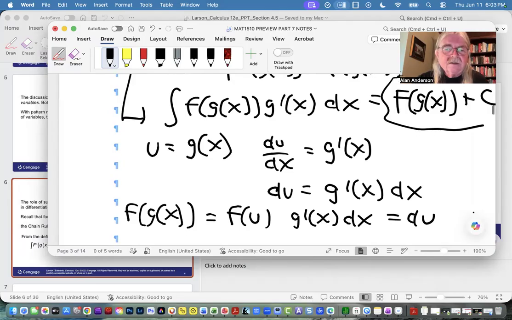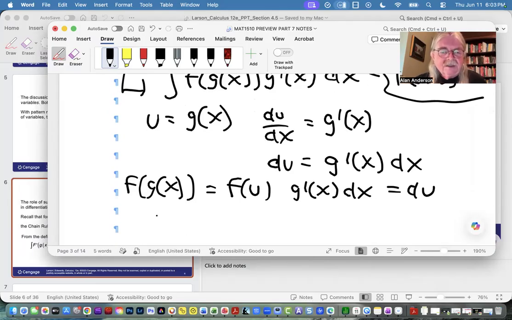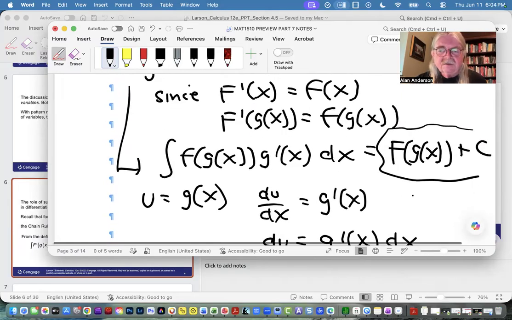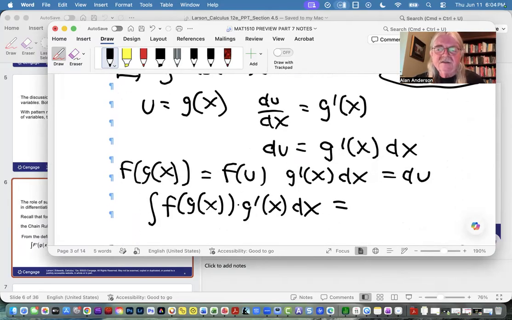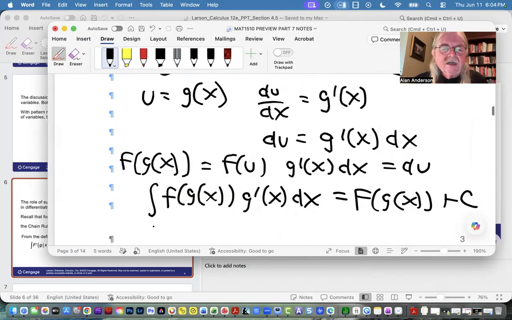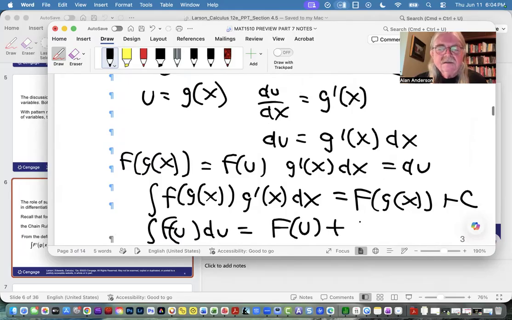So if you notice, let me just copy this one more time. Since we just showed up here that this is equal to capital F of g of x plus c, once I replace all these terms with the equivalent functions of u, I've got very simply, oh yeah.